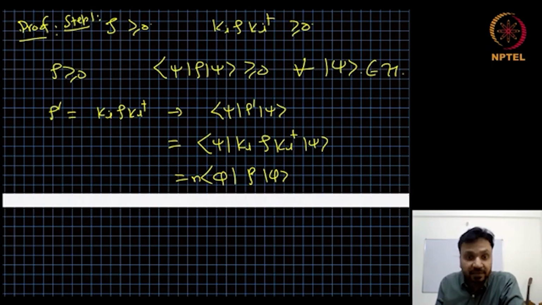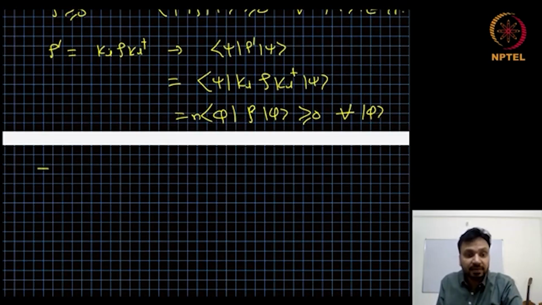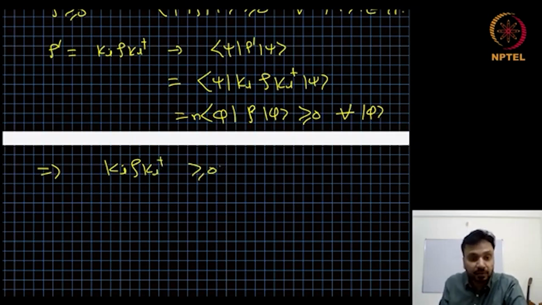And we know that rho is a positive operator, so <phi|rho|phi> is also positive, so this is always positive for all the phi's, hence for all the psi's, and hence for all the K_i's. So this implies that K_i rho K_i dagger is a positive operator. Good.